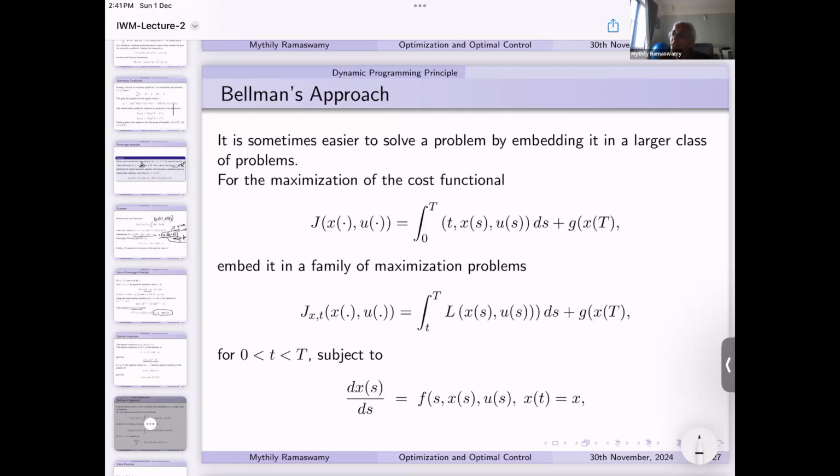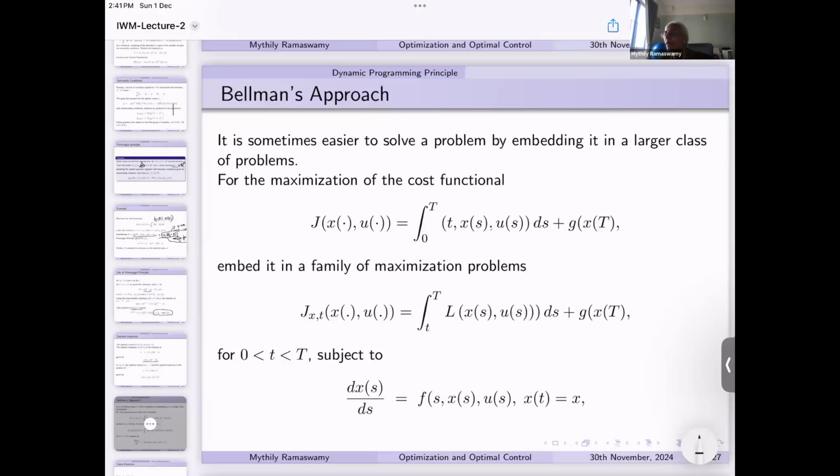That is why J has a suffix x comma t. X can be any vector in Rn, which could be the starting point for your differential equation, and t can be any starting point between 0 and capital T.